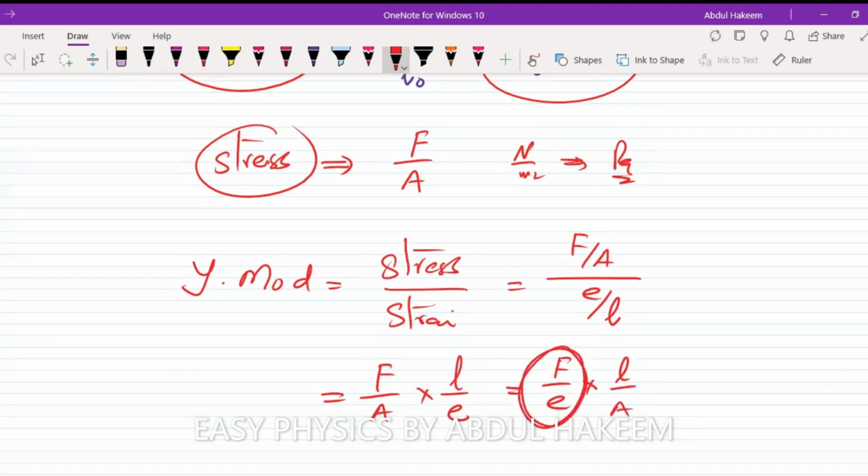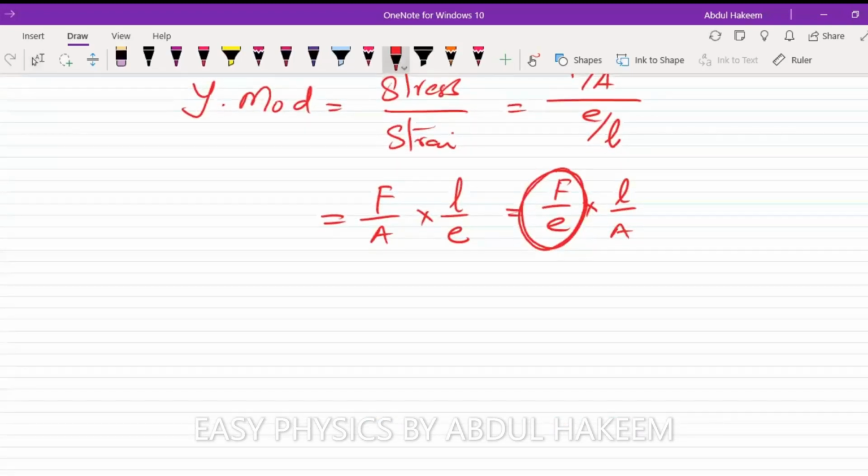The F over e is the material constant. So the Young modulus is equal to KL over A. K is the material constant, the gradient of the force extension graph, L is the original length, and A is the cross-sectional area, which can be determined from the radius or diameter of the wire.